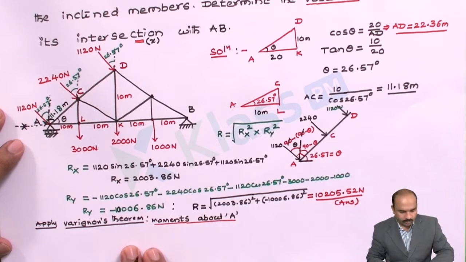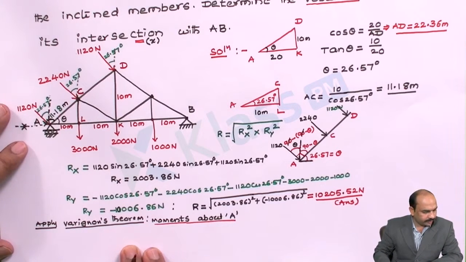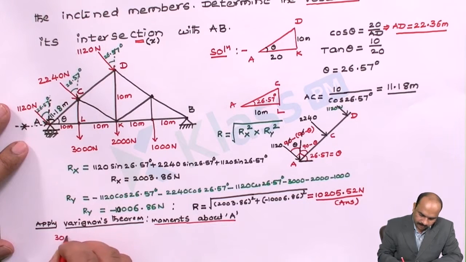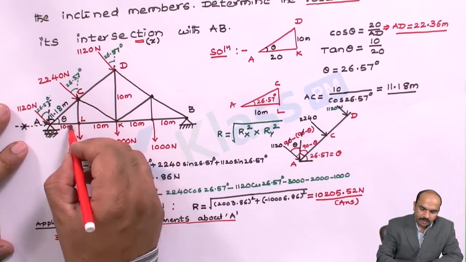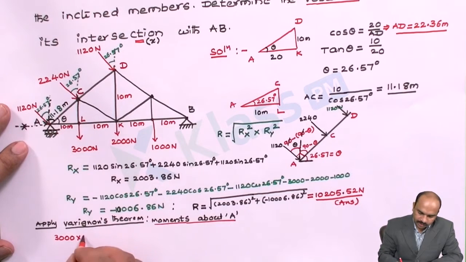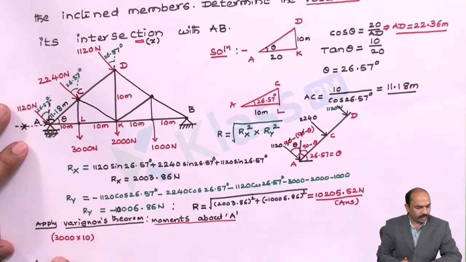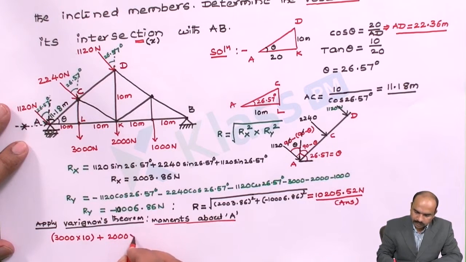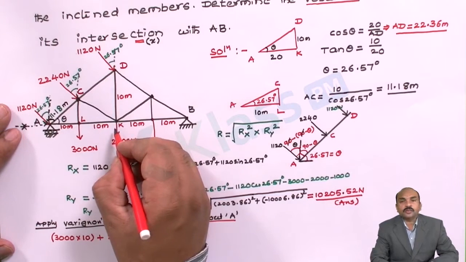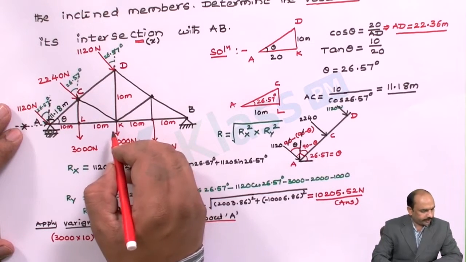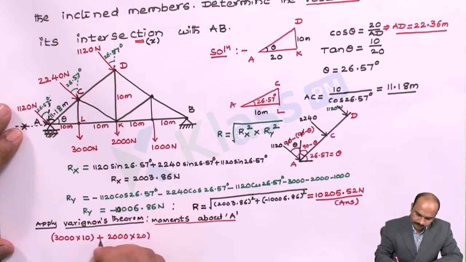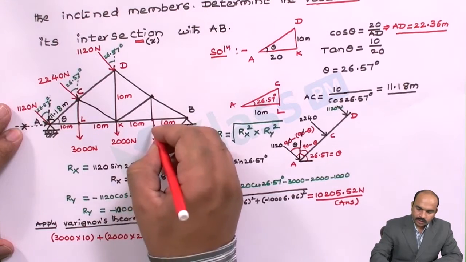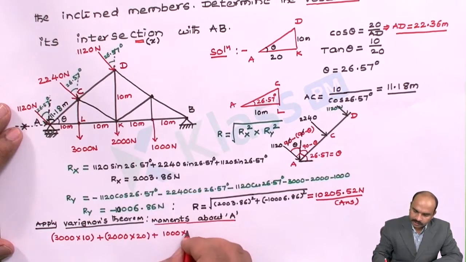So let us write the moment equation: 3000 into its perpendicular distance up to A, which is 10. Then the other force, 2000, into its perpendicular distance up to A, that is 20, plus 1000 into its distance up to A, which is 30.